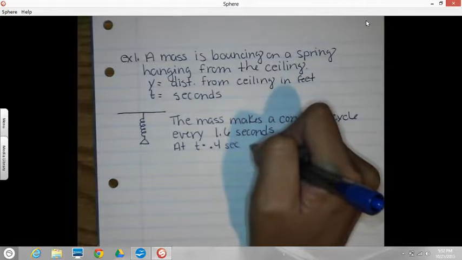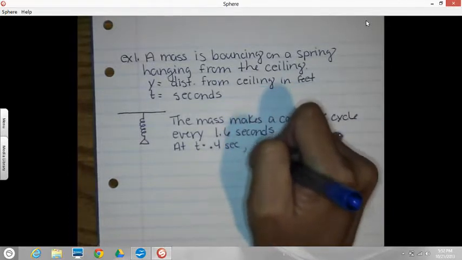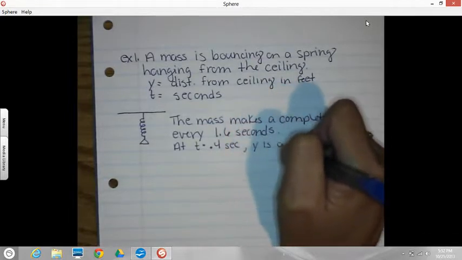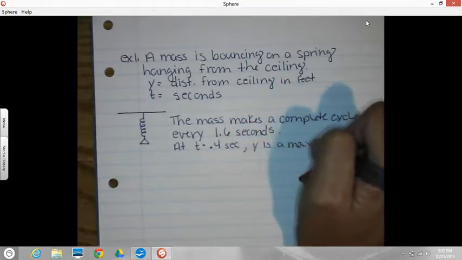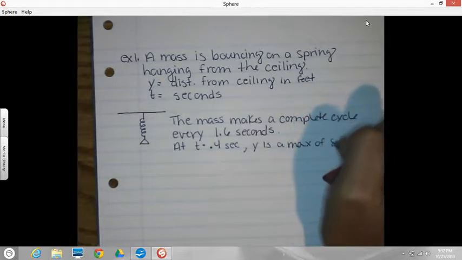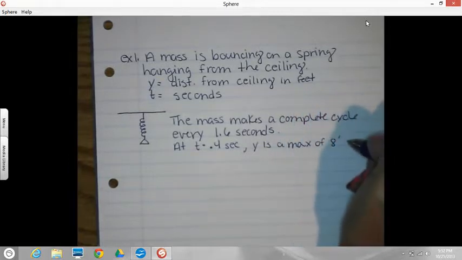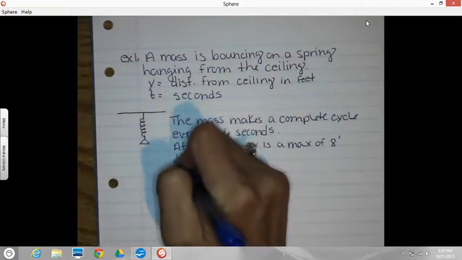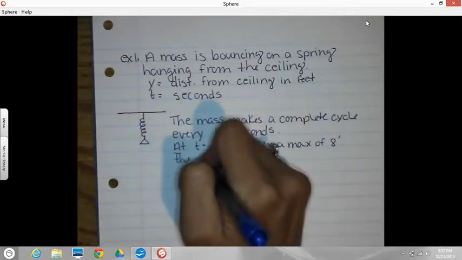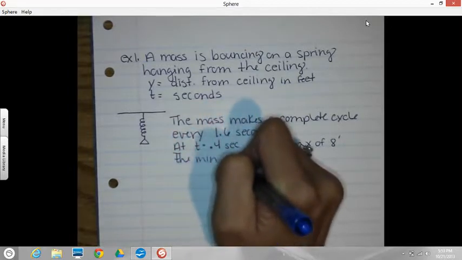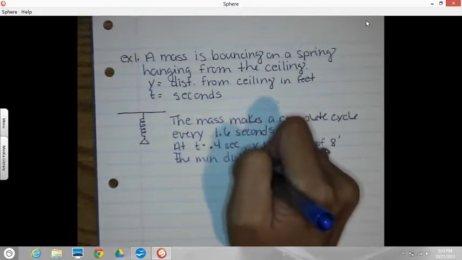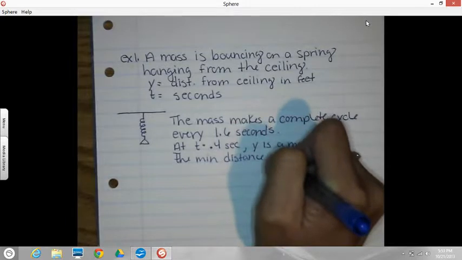the mass is a maximum of 8 feet, so y is a maximum of 8 feet. So the farthest it gets away from the ceiling is 8 feet. The minimum distance is 2 feet.